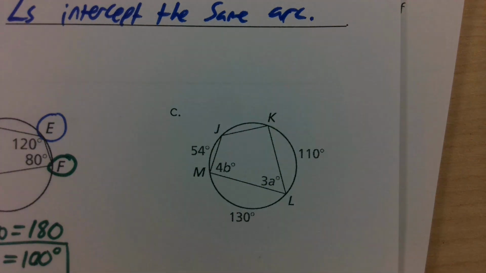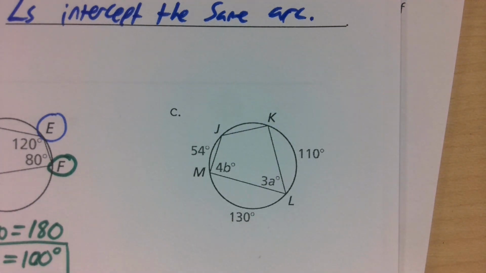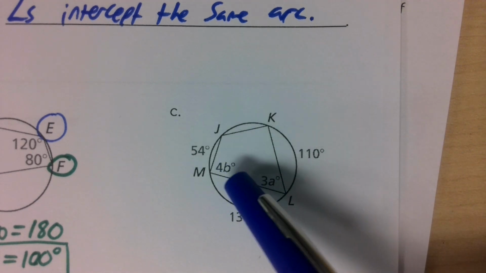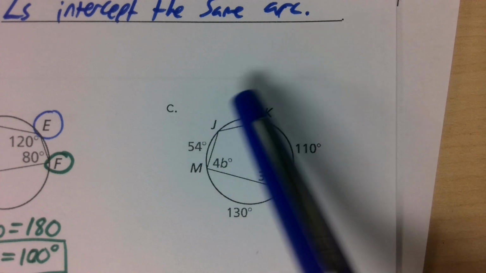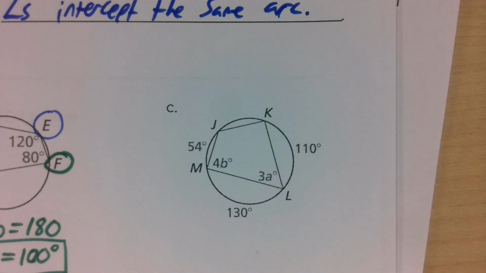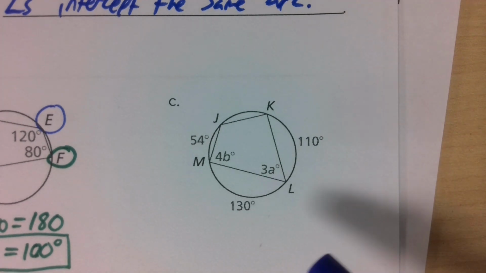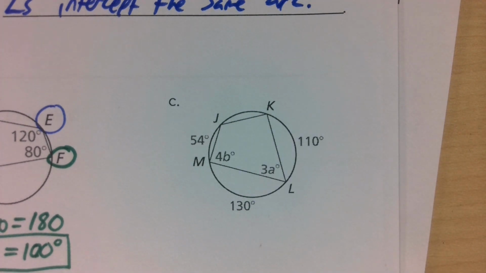How'd you do? Let's take a look and see what we can do. So, we know that an inscribed angle measure is going to be 1/2 of their corresponding arcs. So if we wanted to find more angles in this quadrilateral, we can just pick an angle, find out what arc it intercepts, and cut that arc in half.